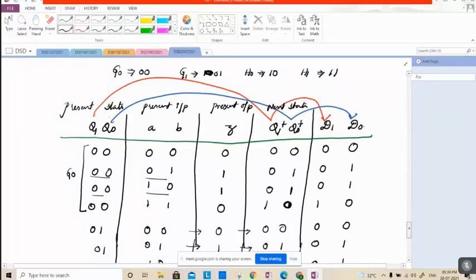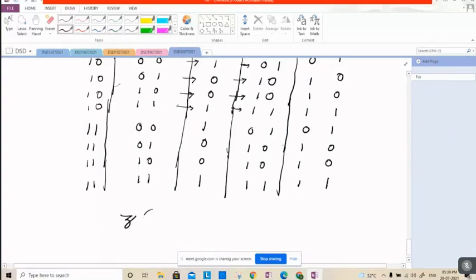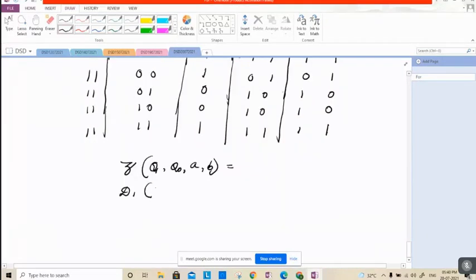Z as a function of Q1, Q0, A, B. D1 is a function of Q1, Q0, A and B. D0 is also a function of Q1, Q0, A and B.